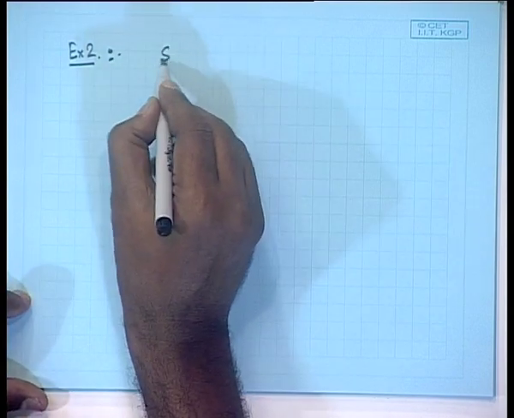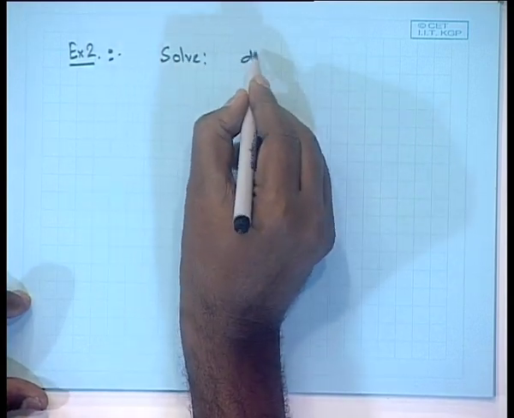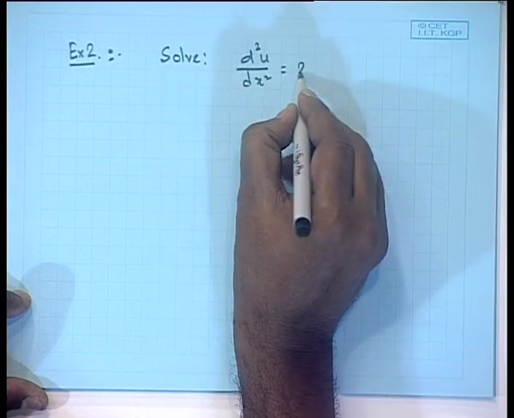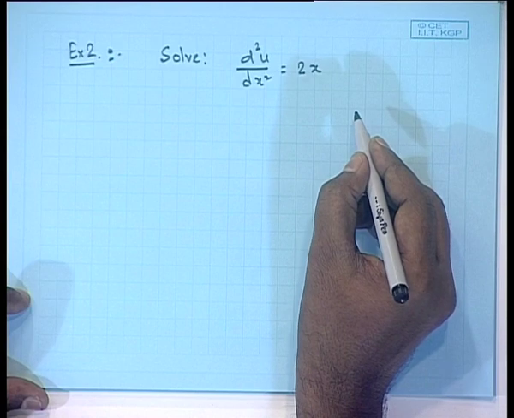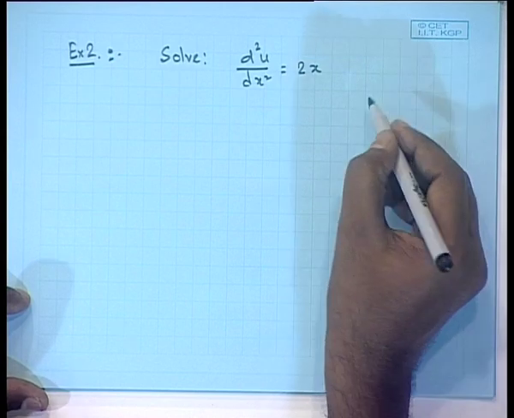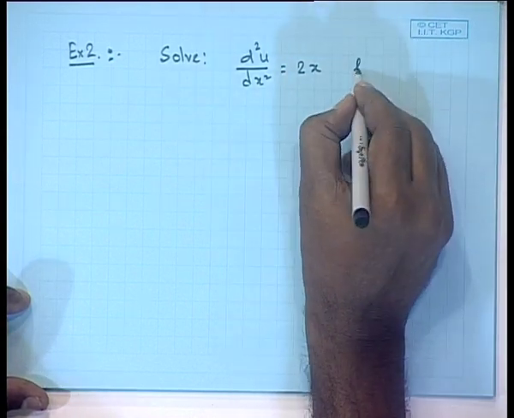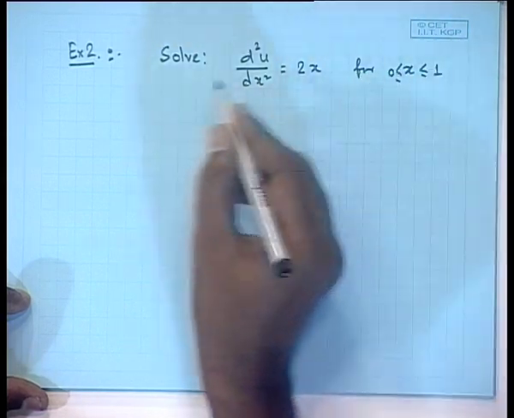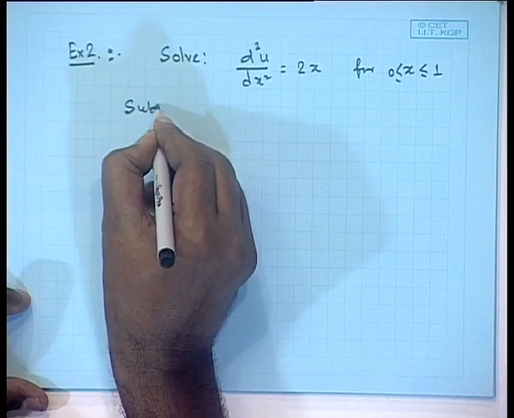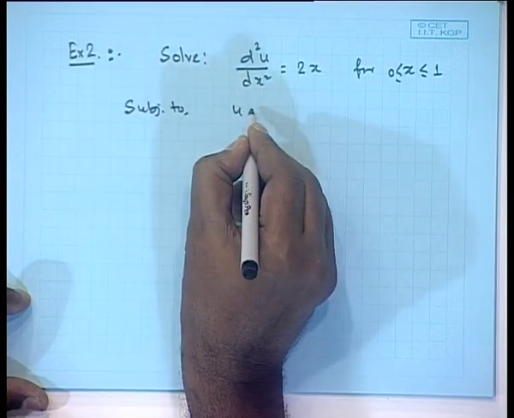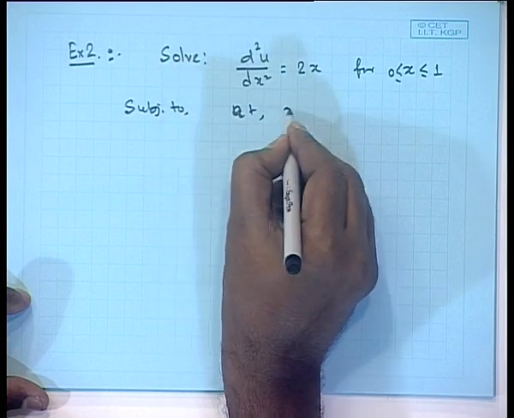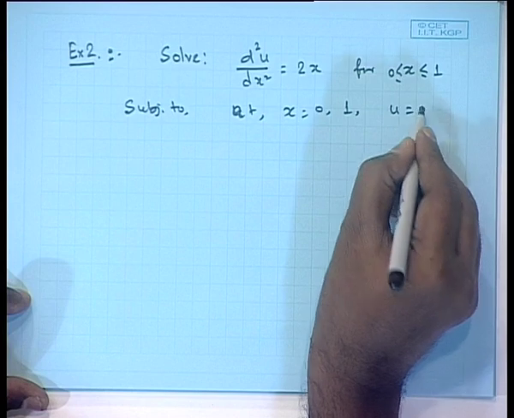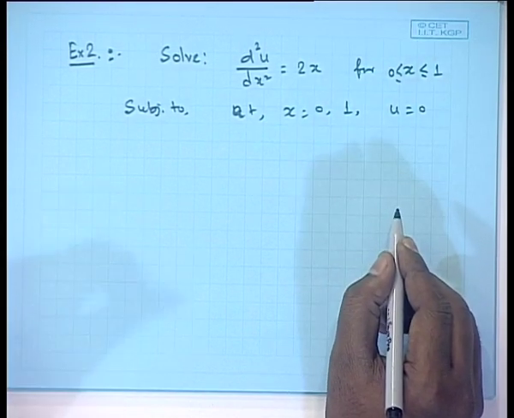Let us solve d square u/dx square is equal to 2x for x lying in between 0 and 1, subject to, at x equal to 0 and x equal to 1, u is equal to 0. Let us say homogeneous boundary conditions of the original problem.